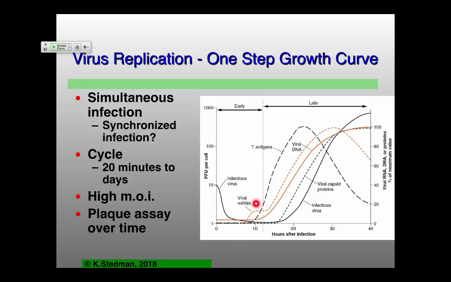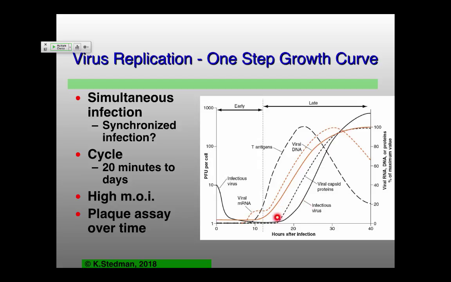You start to see production of the messenger RNA from the virus. Then you start to see proteins, and in this case, it's the T antigens, but these are just proteins. So you start with RNA, then you start to see protein, then you start to see viral DNA, and then you finally start to see these capsid proteins, and then infectious virus.